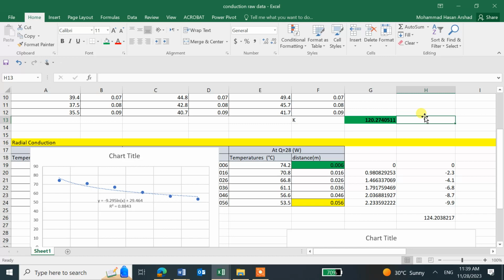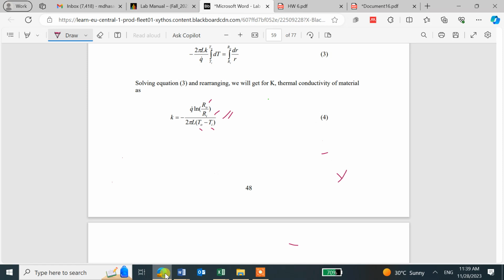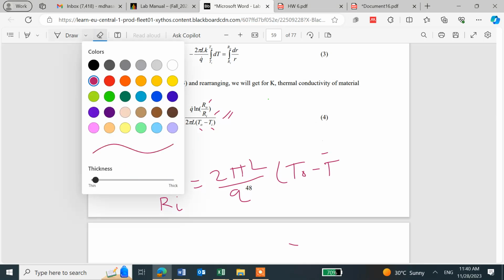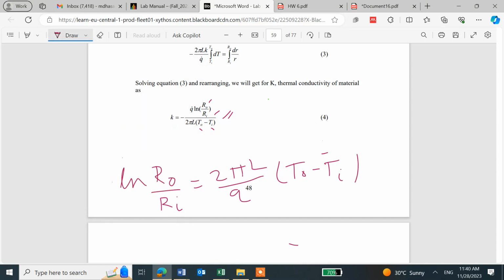Hope this is clear. The other way is by linearizing. So linearizing what, ln r naught by ri. Now see how the equation will be: ln r naught over ri equals 2 pi l k divided by q, times to minus ti.